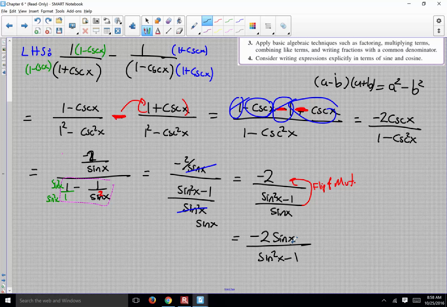I'm in a dead end. Hint. This is a hint.